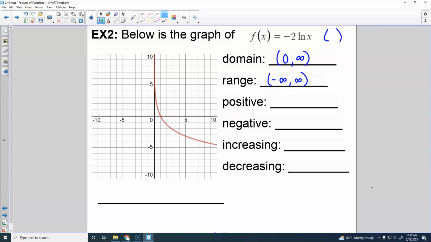Okay, so positive and negative, we're thinking about above or below the x-axis. We can see this graph right here is above the x-axis for this part, right? But you are reporting the x-coordinates where that happens. So the furthest to the left this graph ever goes is 0, that's where our vertical asymptote is. So we're above the x-axis right past 0, and then we're going to stay above the x-axis until we get to 1 right here.